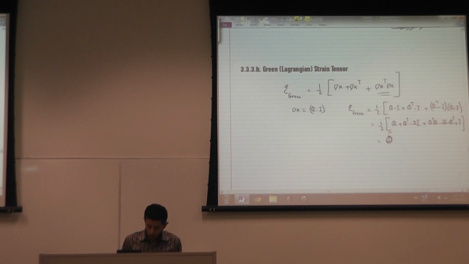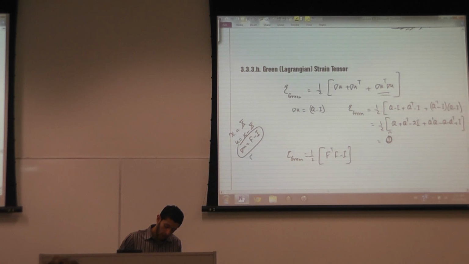In fact, epsilon green is actually equal to half (F transpose F minus I). If you know that x is equal to X plus u, u is equal to x minus X, the gradient of u is equal to F minus I. So F is equal to I plus the gradient of u.